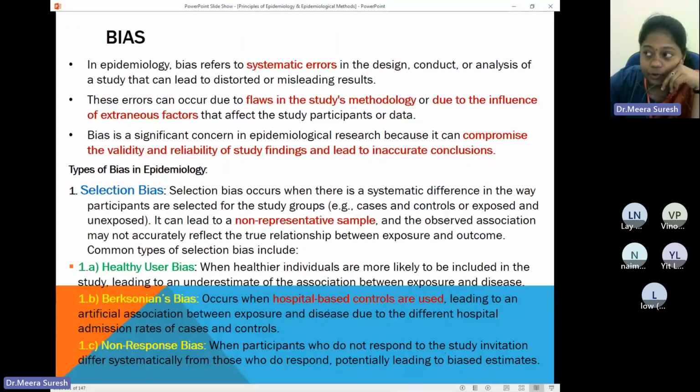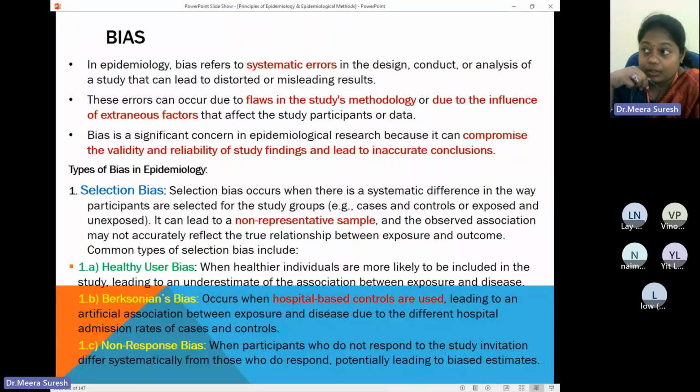So when you're doing that, you should be aware of all these possible biases. You know that you're going to take a hospital because you're doing a PhD and you don't have much time or cash to go into other areas. So for your benefit, you're taking a hospital-based sample. Of course you can take it, but then you should be aware of this bias.